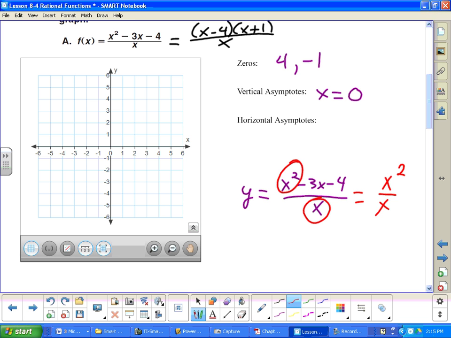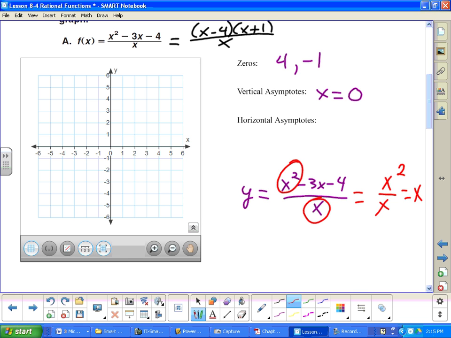Well, what does x squared over x reduce to? Just x, right? If I have 2 x's in the numerator and 1 in the denominator, I can cancel one out. So this is equal to x. Well, what kind of a line is y equals x? It's just a diagonal line, right? It's not horizontal, is it?